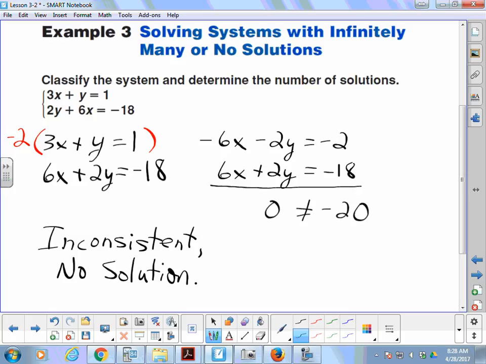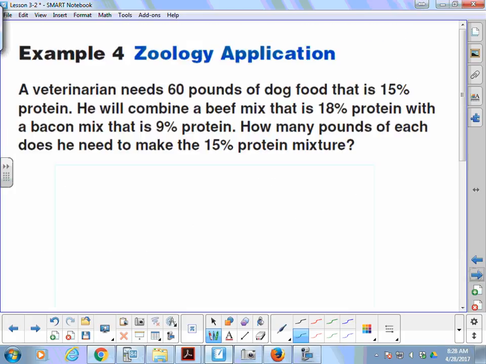All right, let's look at an application problem. A veterinarian needs 60 pounds of dog food that is 15% protein.